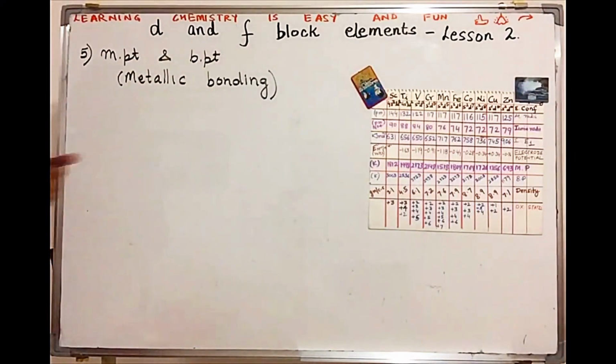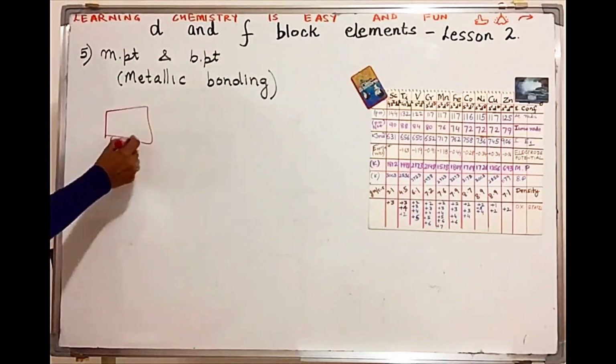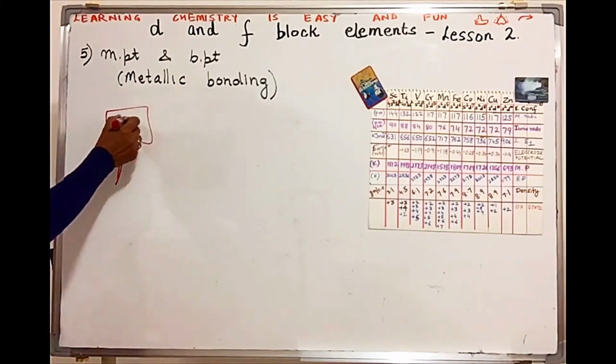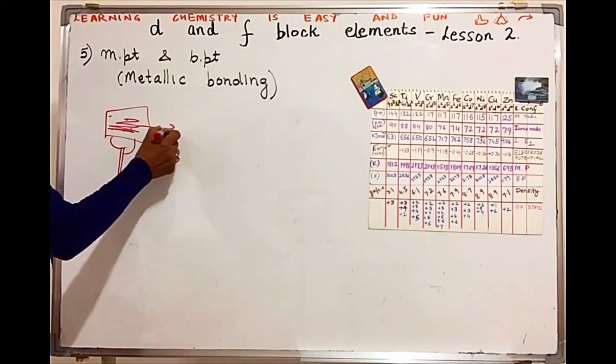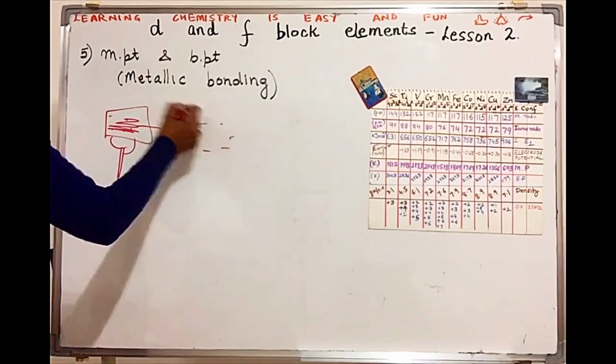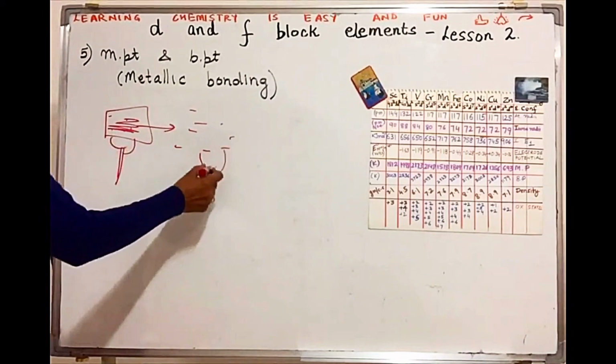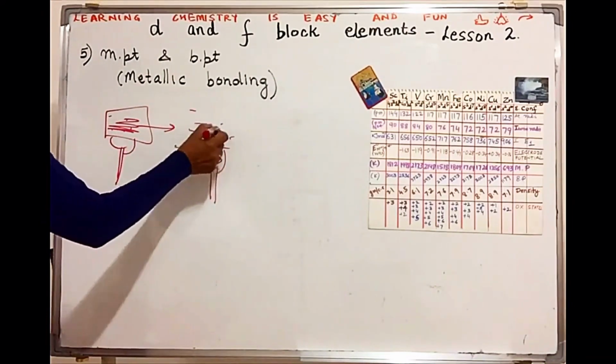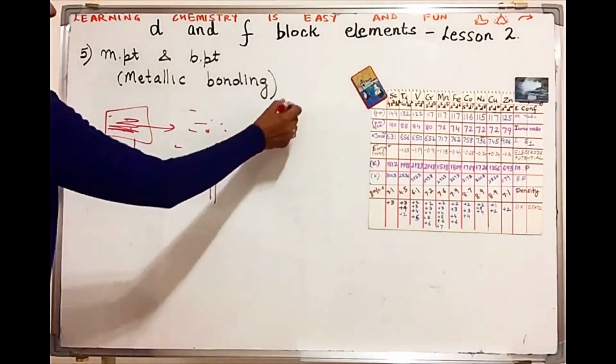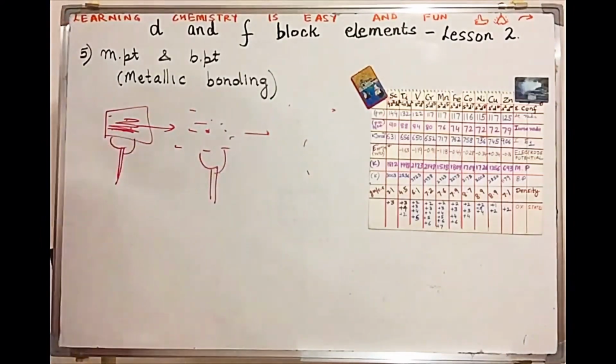Melting point means you heat the substance, there is repulsion between the particles, they start moving faster and the substance turns into a liquid, right? You heat this substance further, the particles acquire energy, the particles will move further away and it turns to a gas.